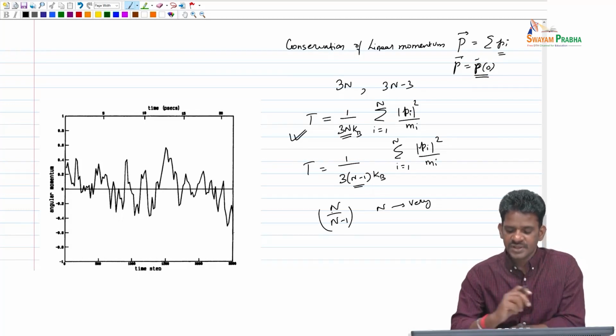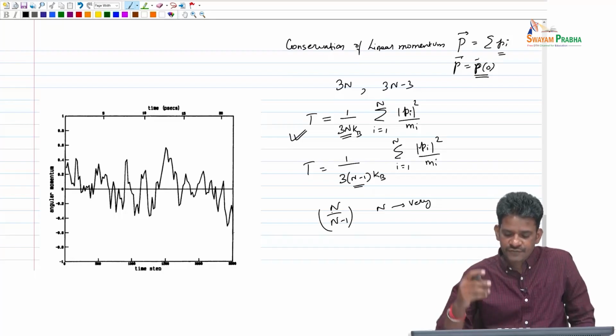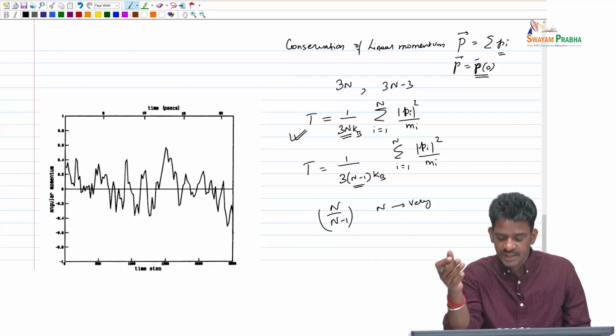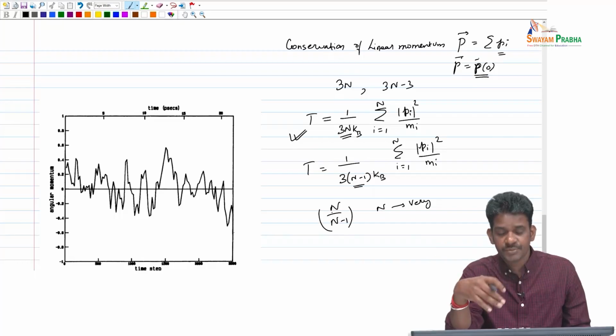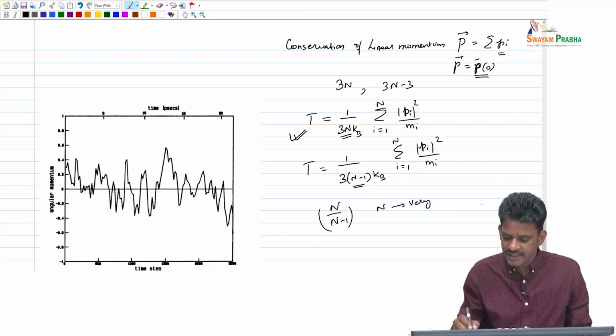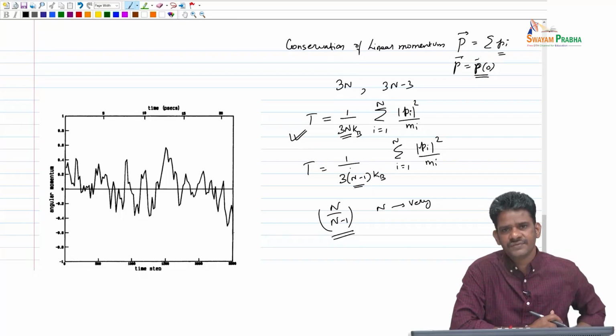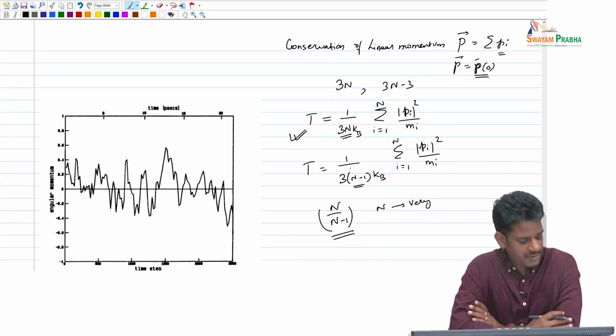So this is something we have to remember: the number of particles in the system affects the calculation of microscopic properties like temperature. As long as n is very large, we can safely ignore this correction to the number of degrees of freedom. Otherwise, we have to keep this in mind.